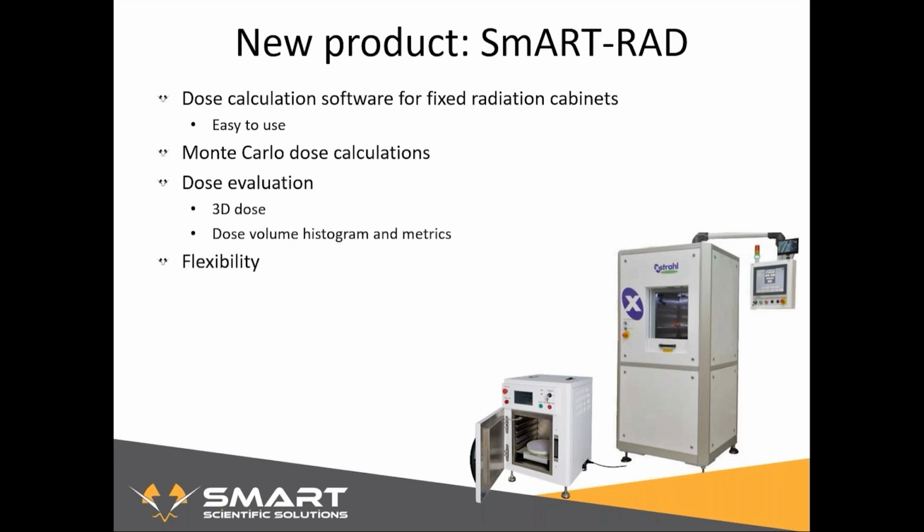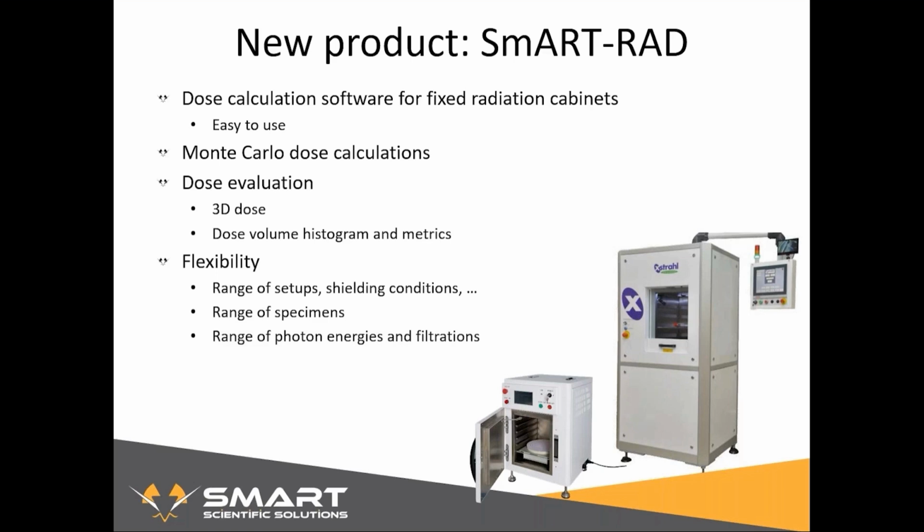It's focused on flexibility. So we want to allow the user to create a range of setups depending on what kind of experiment they want to run, and we don't want them to be limited with what the tool can do. So you can use a range of shielding conditions, holders, and it's very flexible in use. We do provide a lot of standard specimen that you could use, but you can also modify them. And it works on a large range of photon energies and filtrations.